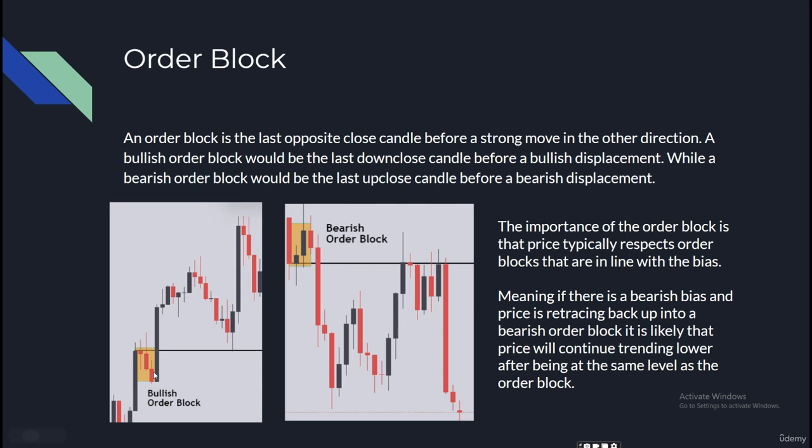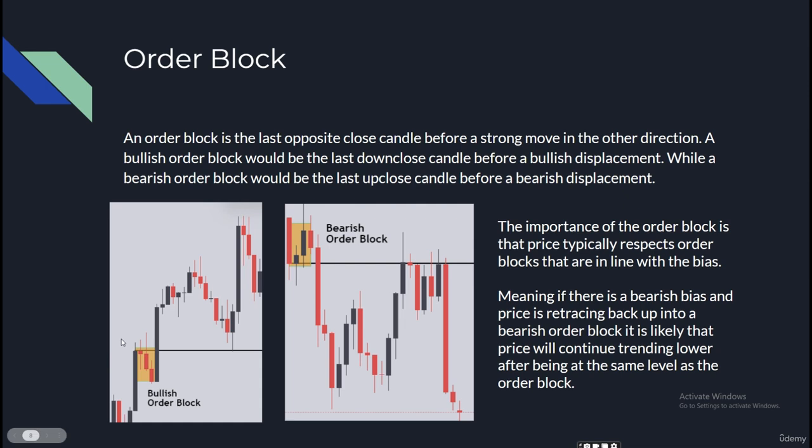So you can see here, this candle right here is our bullish displacement, creating a bullish fair value gap. We'll just keep that to the side for now. And here are our last down closed candles, our last red candles before a bullish move higher. So these three candles would be considered one order block. It's not just this candle, these three all together.